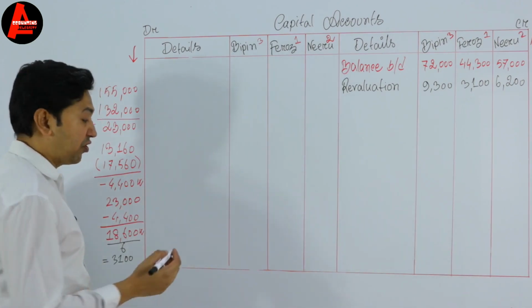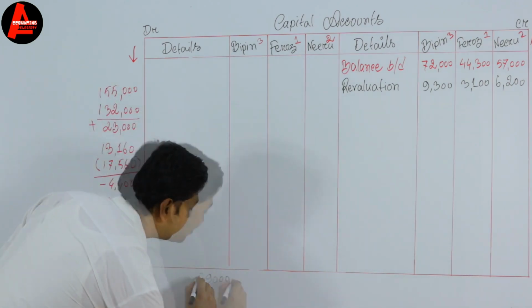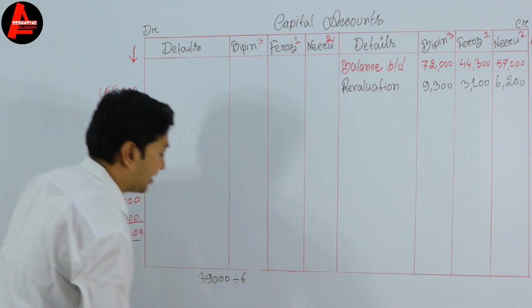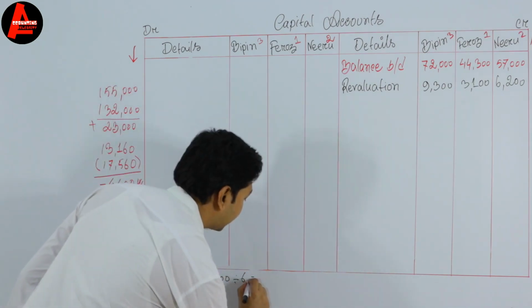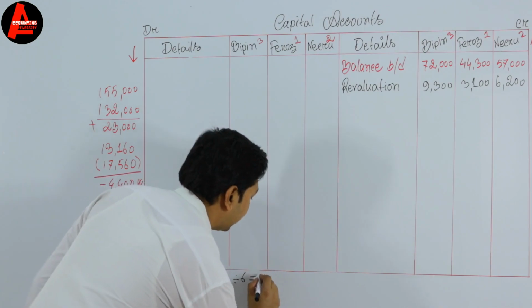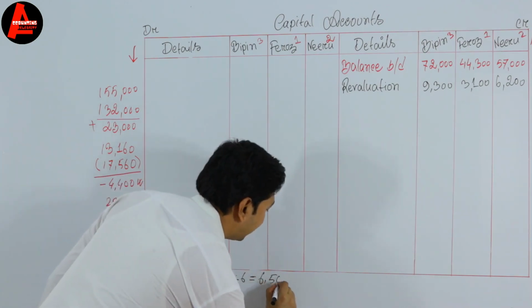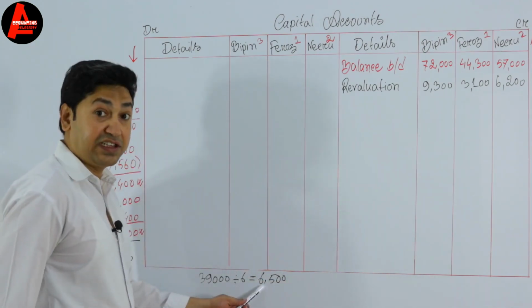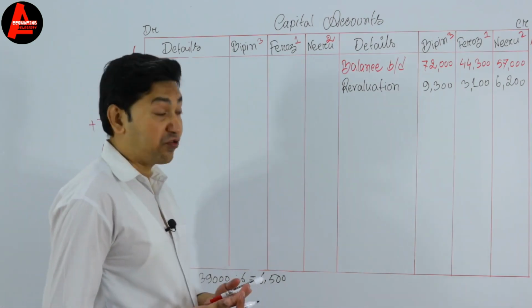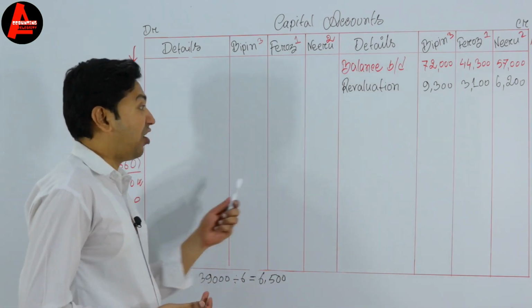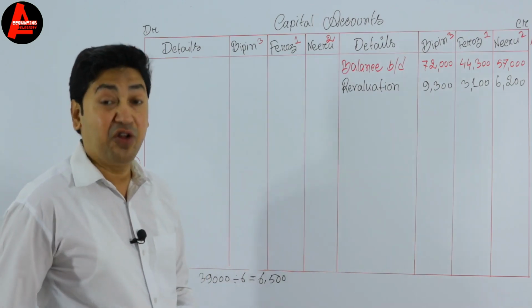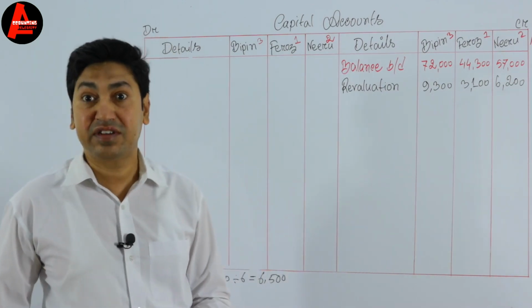So the value of goodwill was $39,000. How many total shares? 6. So if we divide by 6, we get here $6,500 for each share. So now where to write the goodwill, this side or this side? Here goodwill will increase the value of capital.